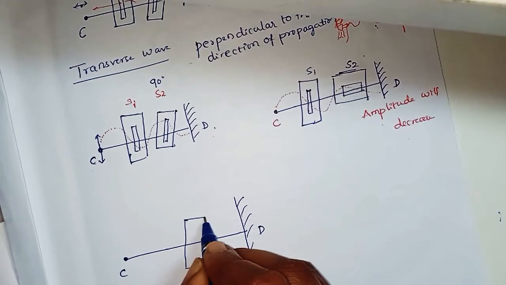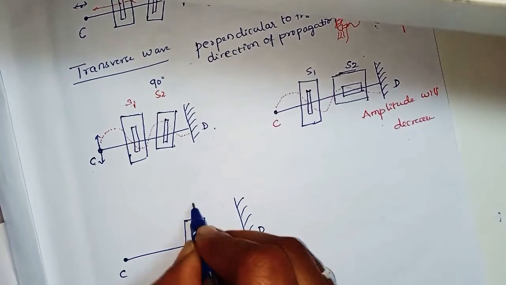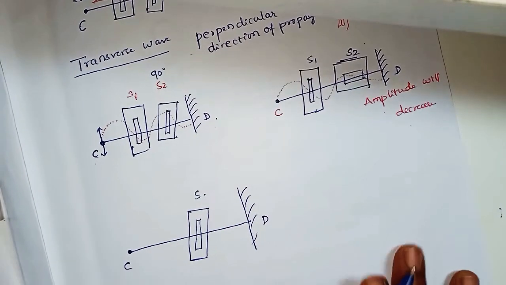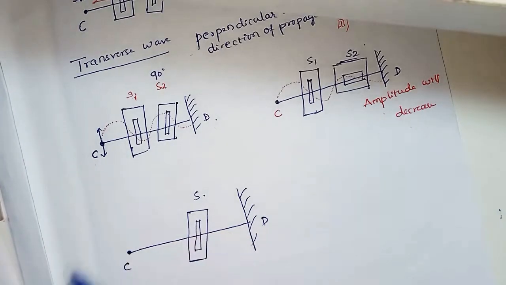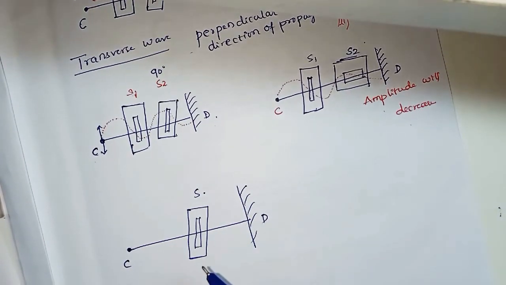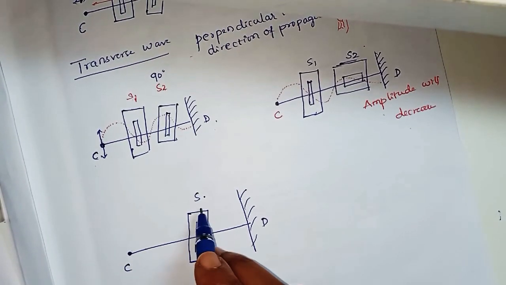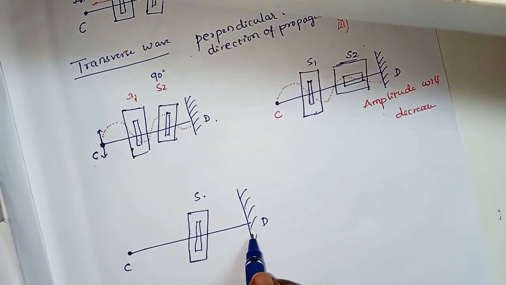Here I am using only one slit S. Here I am going to produce both the waves, longitudinal wave as well as transverse wave. Do all the waves pass through this slit S?